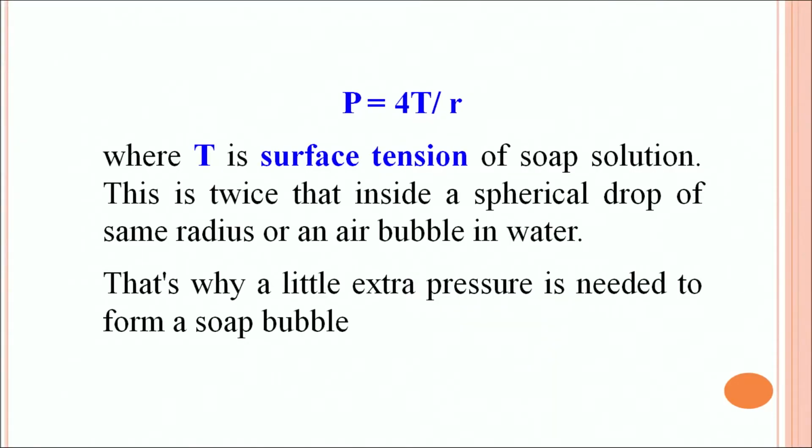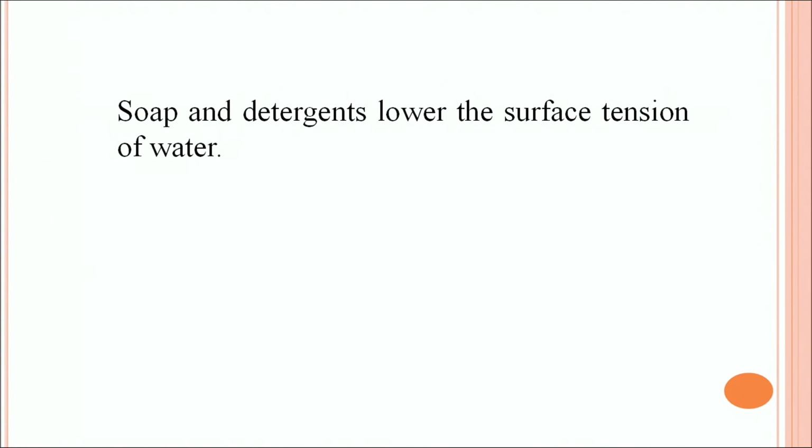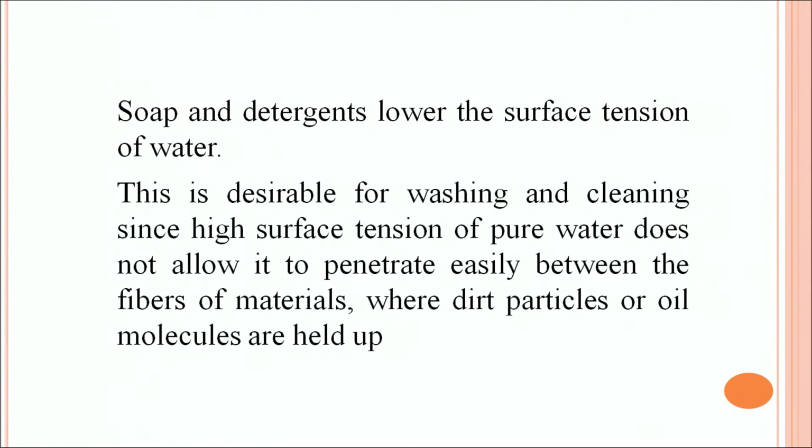Now, what would be the role of surface tension in detergents? Detergent is used in our daily life for cleaning objects. Soap and detergent lower the surface tension of water, and due to this, a cleaning process takes place, since the high surface tension of pure water does not allow it to penetrate easily between the fibers of the material.